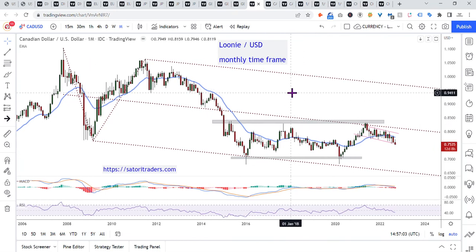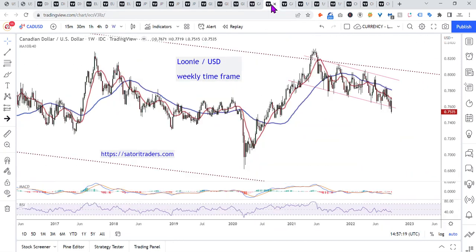Canada, same story. We can see here in the monthly time frame, playing with support along the lower boundary of this trading range. MACD is dropping into bear mode, currently on a sell signal. Energy is mid-range.